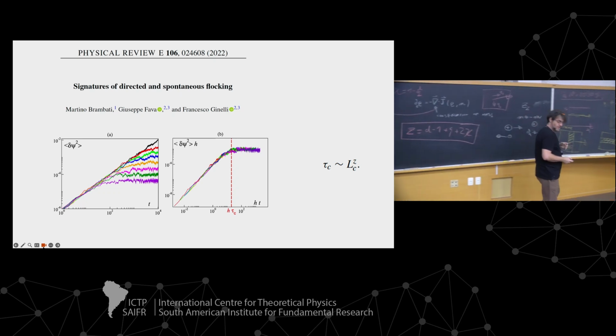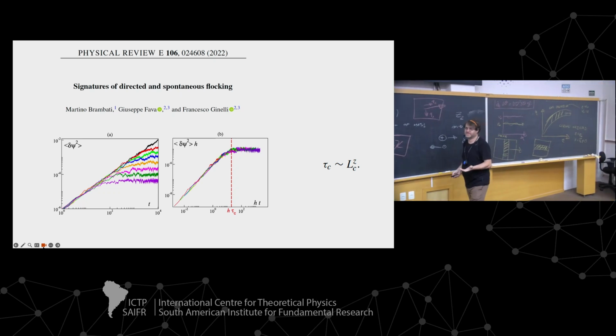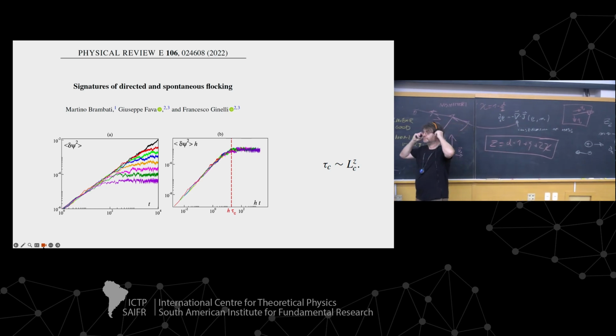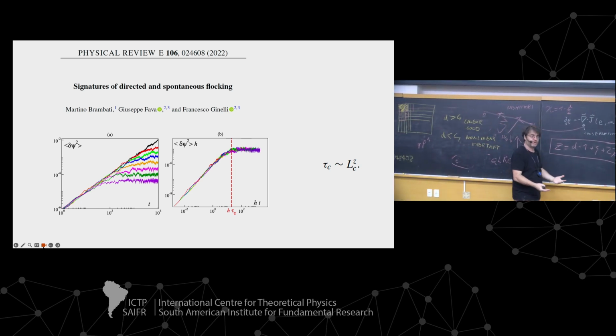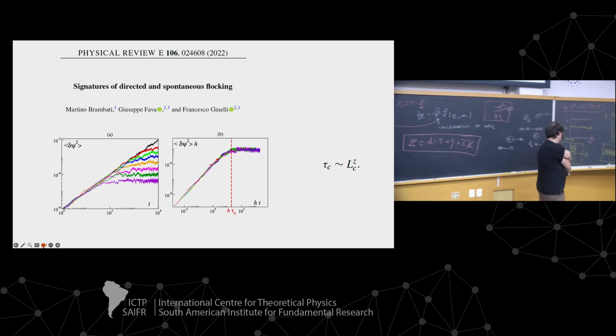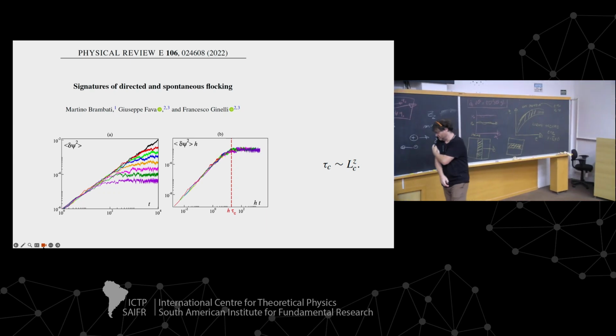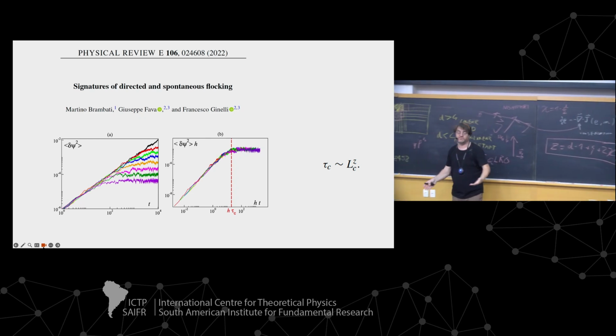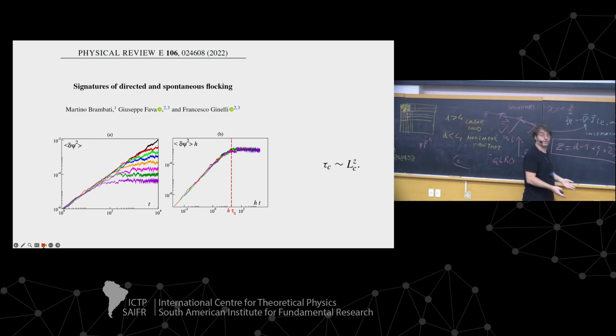Now, a question I pose myself is, suppose that you observe a migration phenomenon, cells, for instance. I spent a lot of time repeating spontaneous symmetry breaking, which means that no one is telling you where you should go.